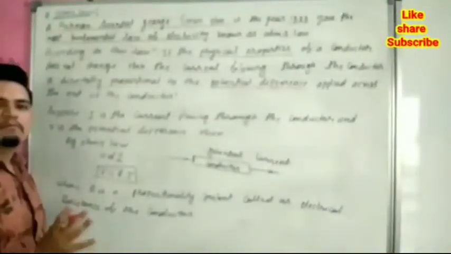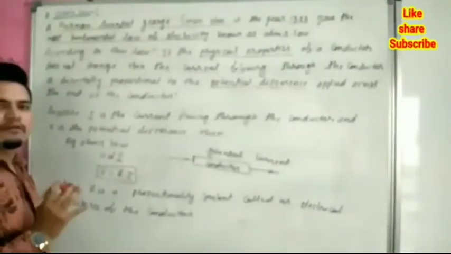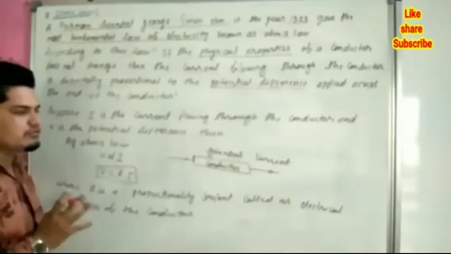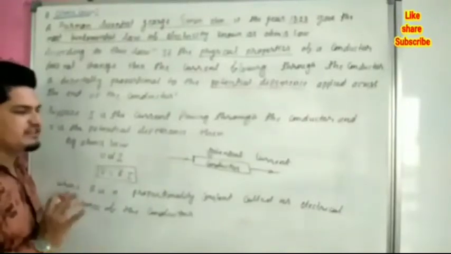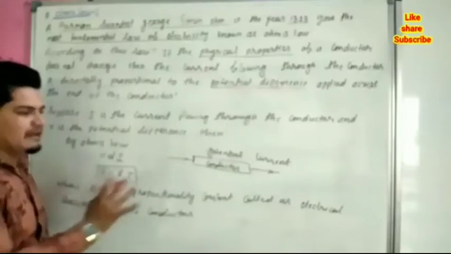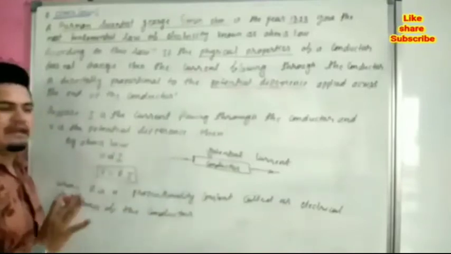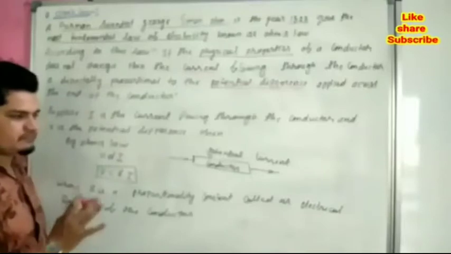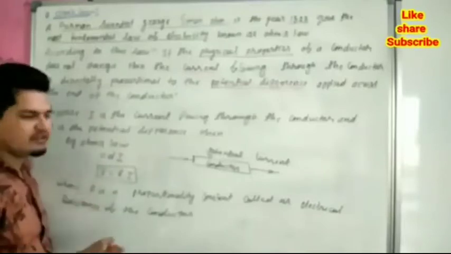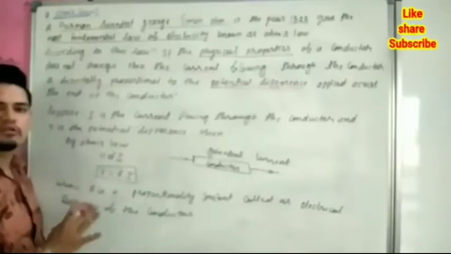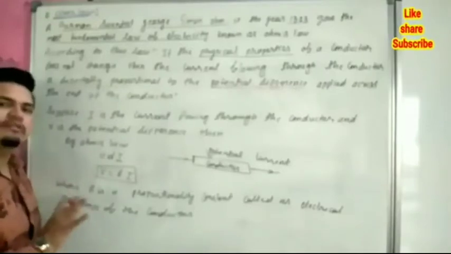Ohm's law applies only to those conductors whose physical properties do not change. Physical property means the length, area, shape and size of the conductor do not change, and temperature also should not be changed. Then Ohm's law is applicable.